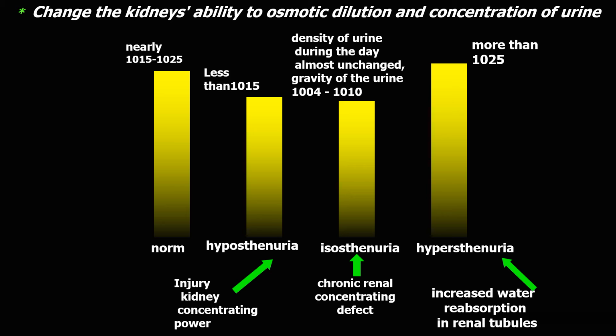Hypostenuria develops when the kidney's concentration power is injured, and hyperstenuria occurs with increased water reabsorption in the renal tubules.